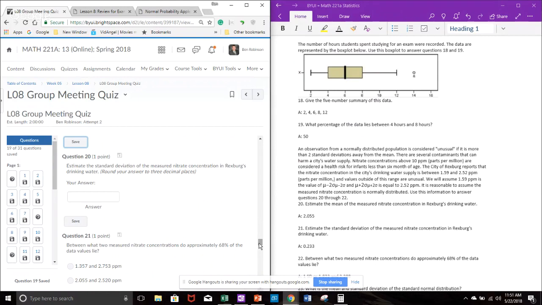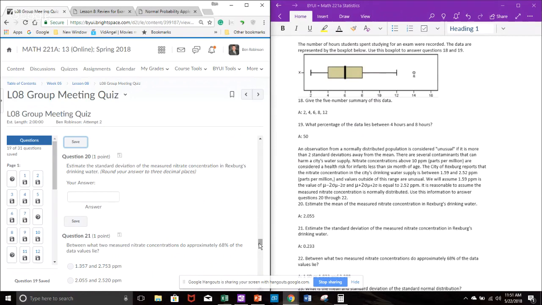Okay, following. Estimate the standard deviation of the measured nitrate concentration in the reservoir's drinking water.